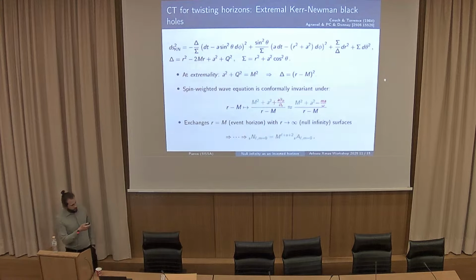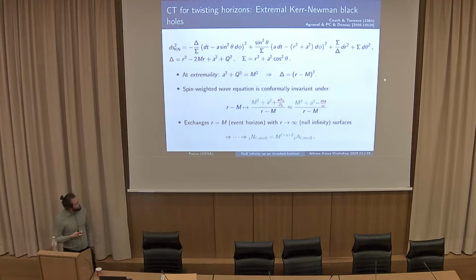Starting with the case of a black hole that is rotating but still has a Couch-Torrens inversion symmetry. So here's the geometry of the extremal Kerr-Newman black hole, which is really the rotating version of the extremal Reissner-Nordström black hole. Looking at the field equations capturing probe fields in this background, what one realizes is that one still finds that there exist Couch-Torrens inversions that are exact conformal symmetries of the equations of motion.